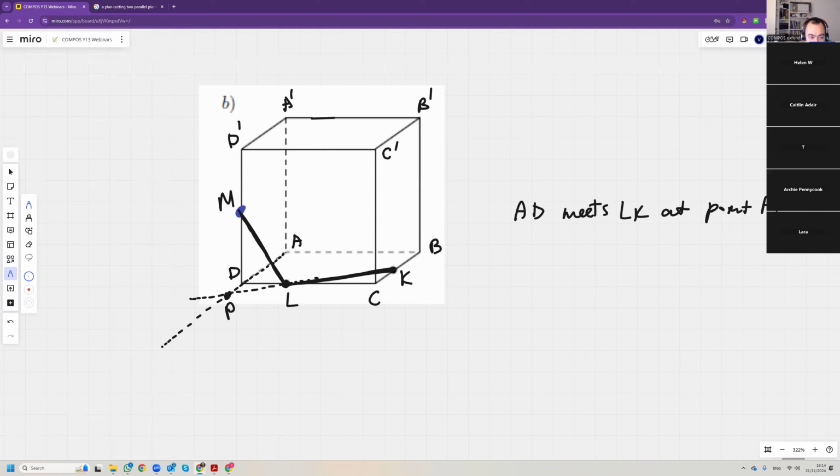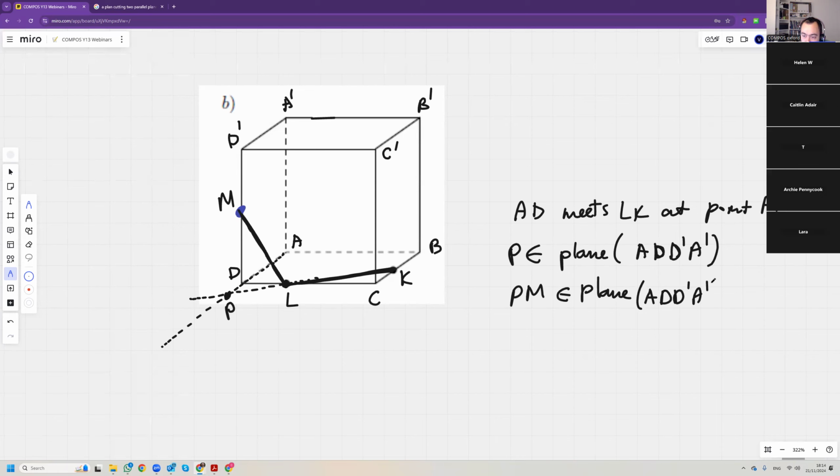Now point P belongs to the plane AD D1 A1. So point P is in that plane. Therefore, the line PM is also in that plane. And therefore, you can draw a line through PM.